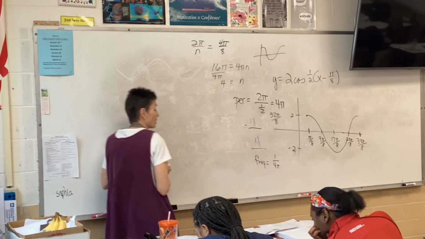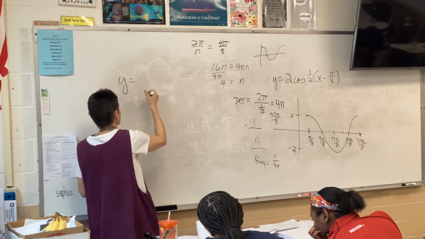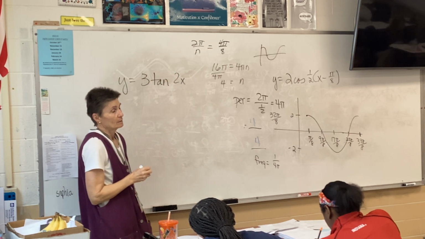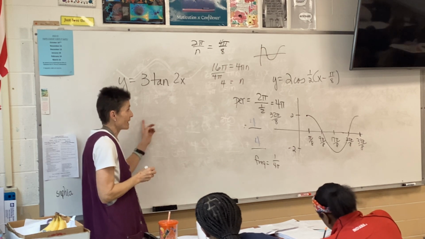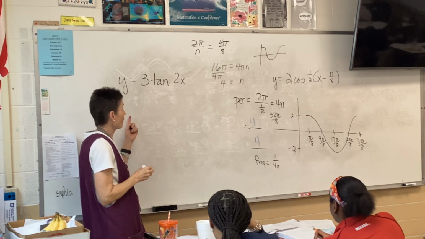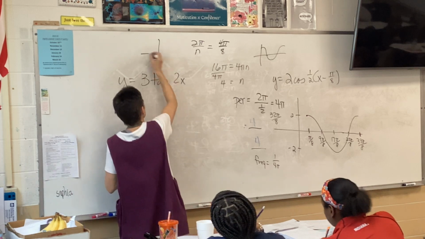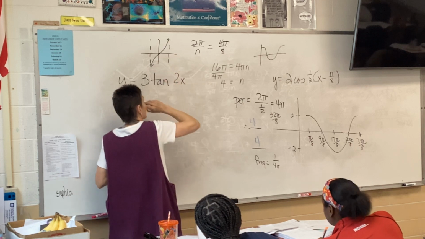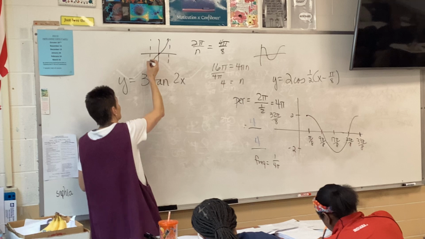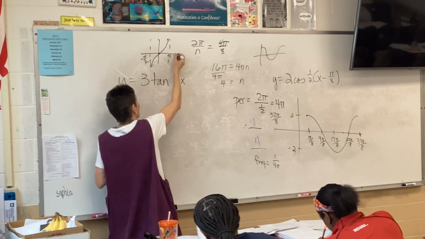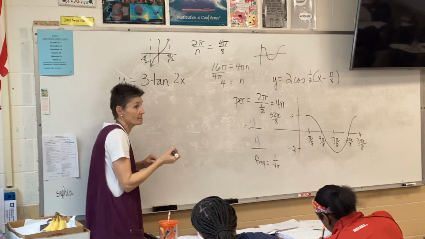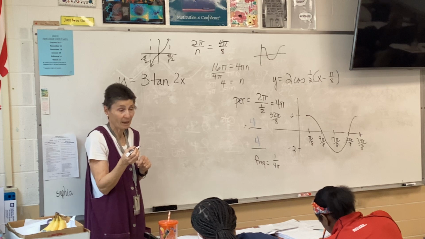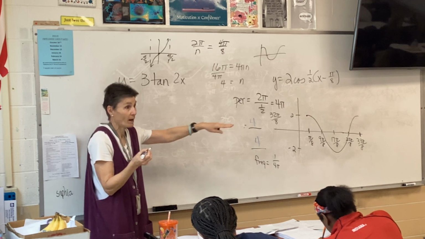Yes, you are. So a tangent graph, let's just say 3 tan 2x. Okay? So this is like Kara's question, when hers was a cosine. You're graphing this, so it's good to know what the basic shape is, and what the basic period is. For a tangent, guys, the period is not 2 pi. Sines and cosines are 2 pi.